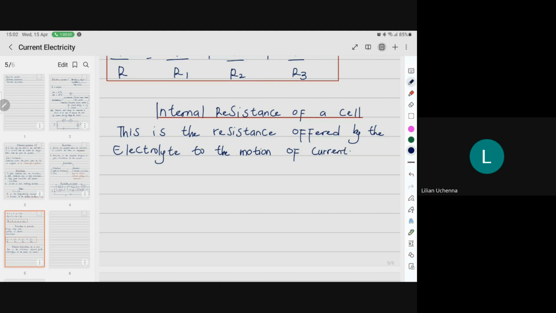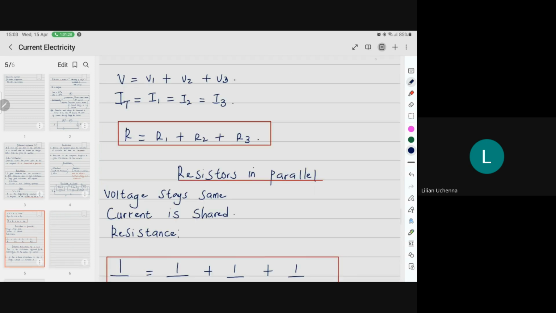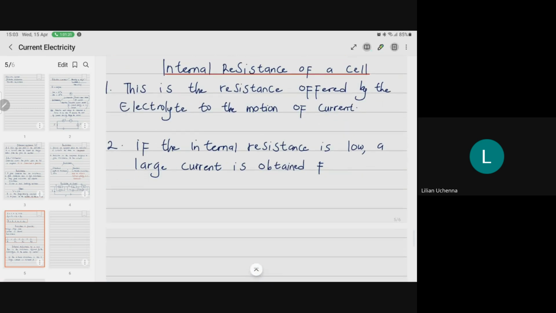So number one, let me put it that way. Now, the second one: if the internal resistance is low, a large current is obtained from the battery. And it is denoted by small r.